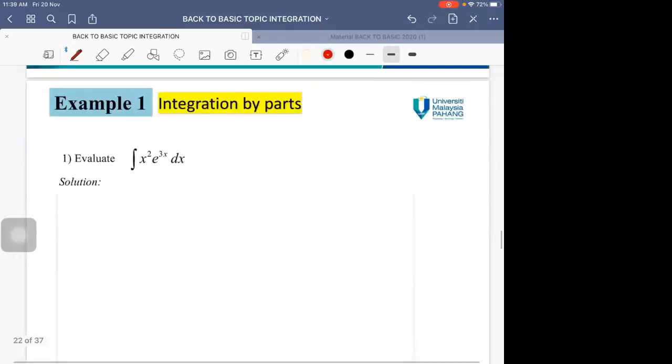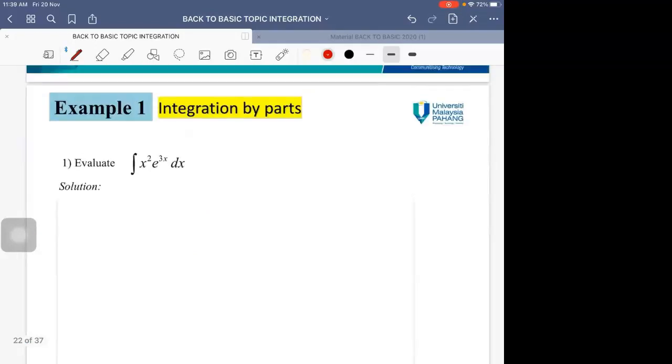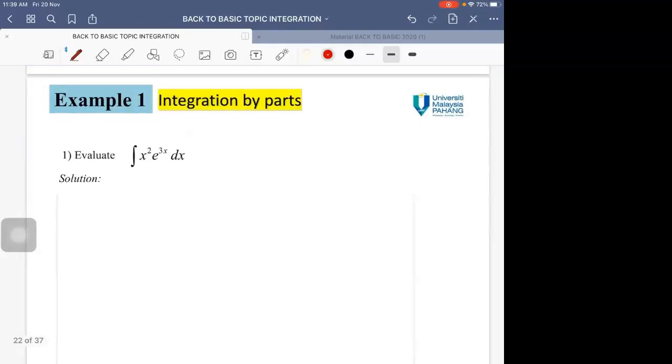So let's say you have this example 1: x squared exponent 3x. Can I use substitution if I have x squared multiplied with exponent 3x? No. Why?